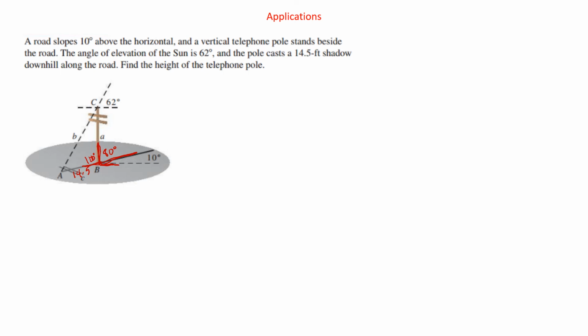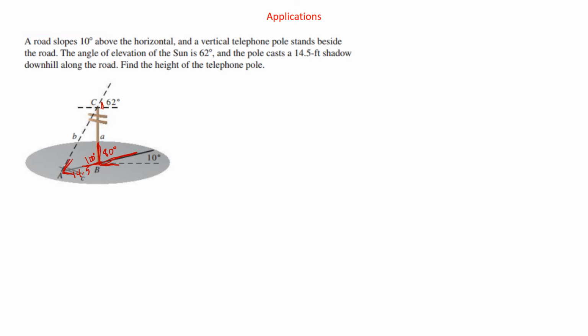And we know that since the sun is 62 degrees above the horizon, that would be here, and that would also be here.